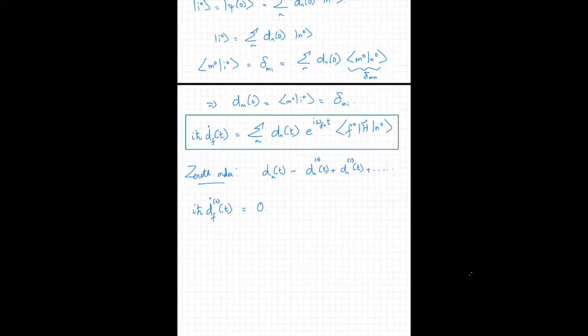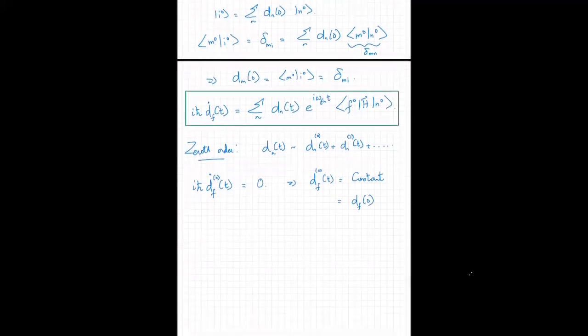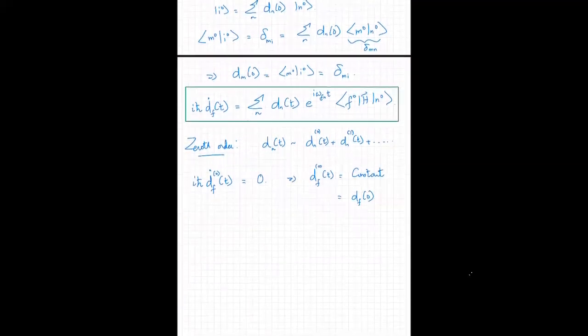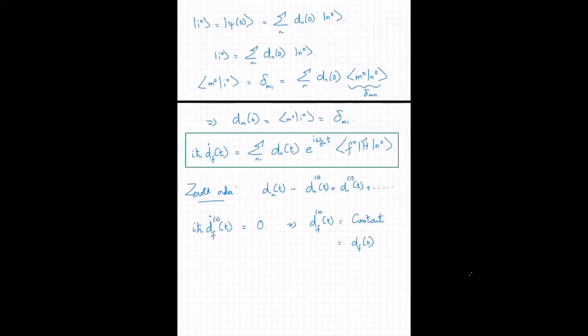Okay, df dot is 0, which means that to 0th order, df0, excuse me, is just a constant. It doesn't change with time at all. So I might as well take this to be the value at time t equal to 0. But the value at time t equal to 0 is basically, we have figured it out here, dm of 0 is delta mi.